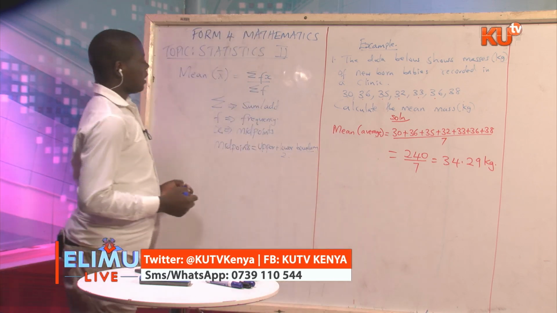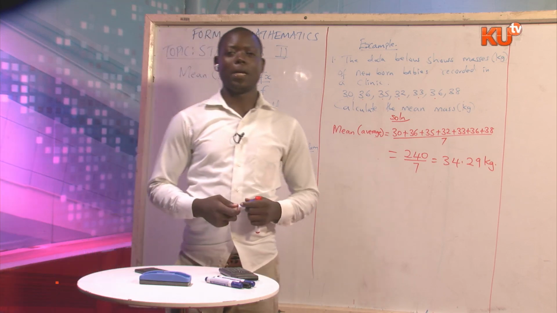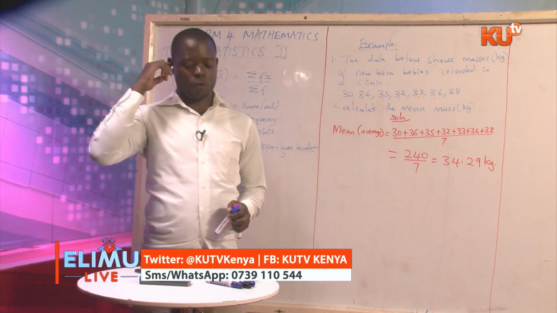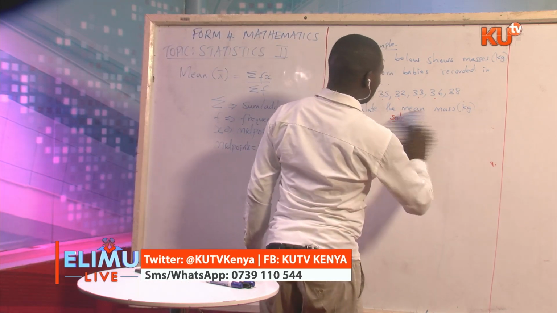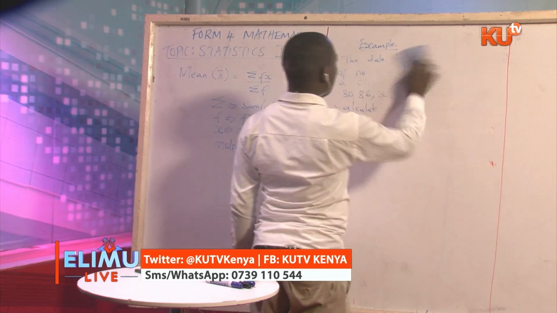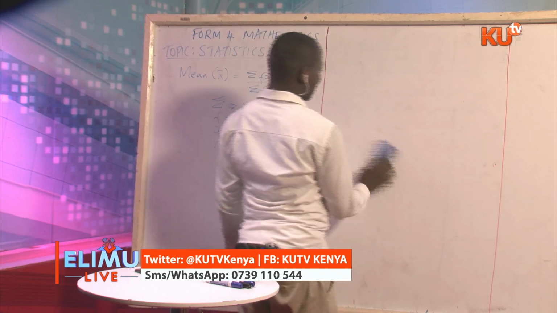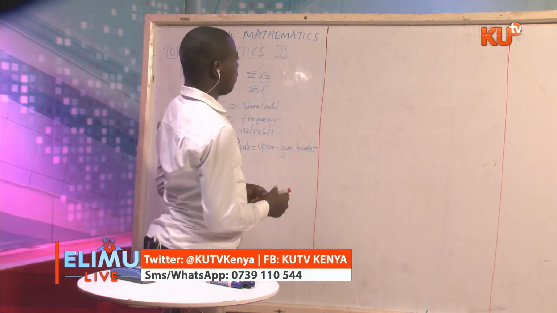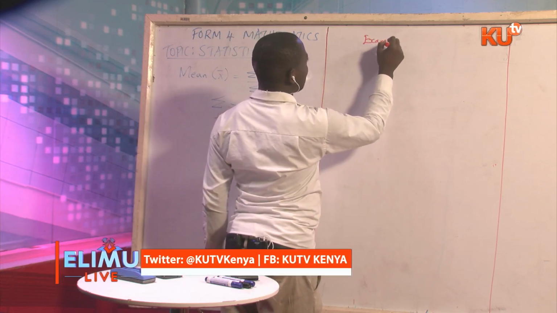And this then becomes our formula for calculating mean for a grouped data. So let's take a look at an example and see how well can we apply this formula in the calculation of mean.